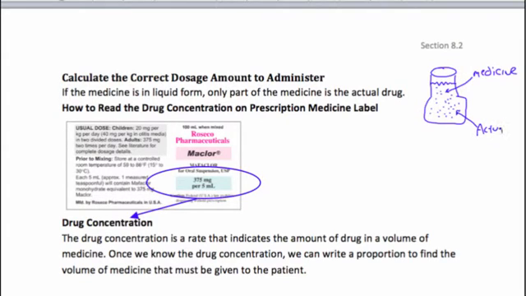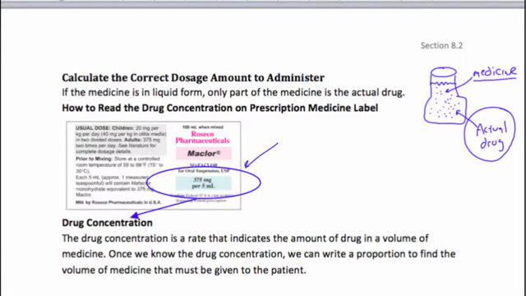They write prescriptions based on the actual drug, because different manufacturers will have a different ratio of drug to medicine. So it's not uniform, it's not all the same. And this is how prescriptions are written. Every time a prescription is written, we then have to figure out how much medicine to give. So every one of these labels is going to have the drug concentration.